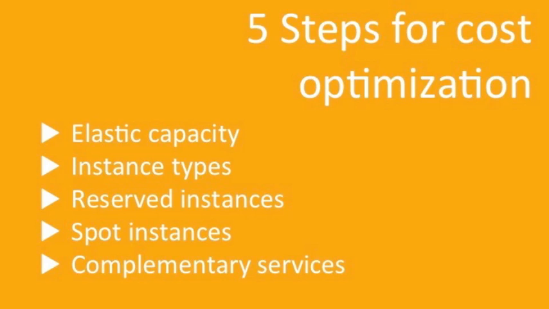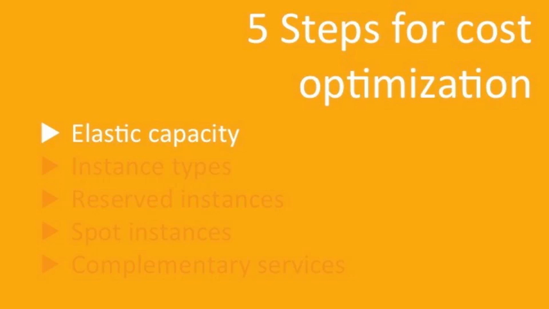Then we'll look at reserved instances, where you can reserve essentially a lower rate or lower price point on an instance type in a given region and availability zone. Then we'll delve into the spot market and look at how customers are leveraging it and some of the strategies around playing with the spot market and how you can achieve some savings there. And then some ideas around the use of services rather than software, and a couple of examples of how that can save you money in real terms.